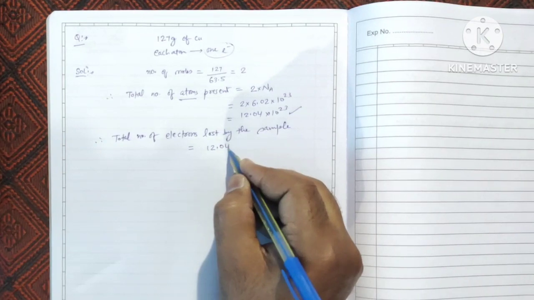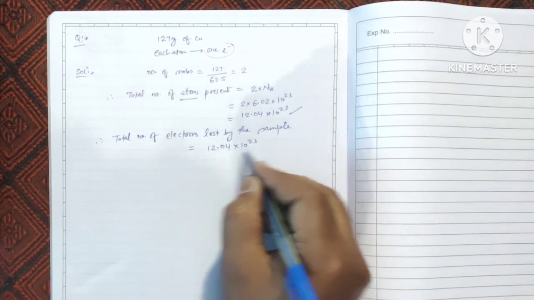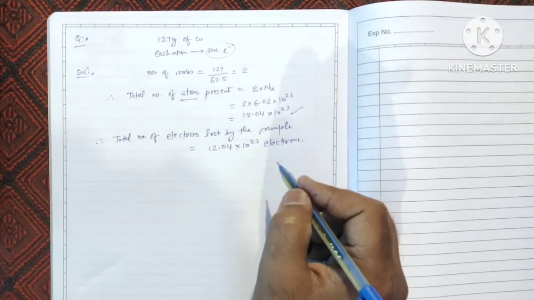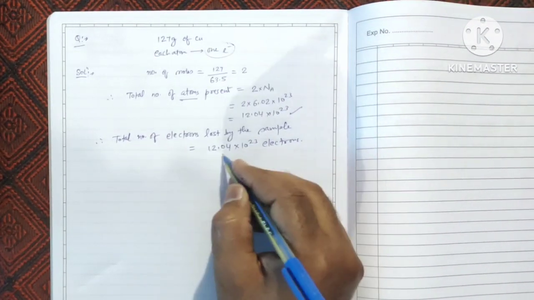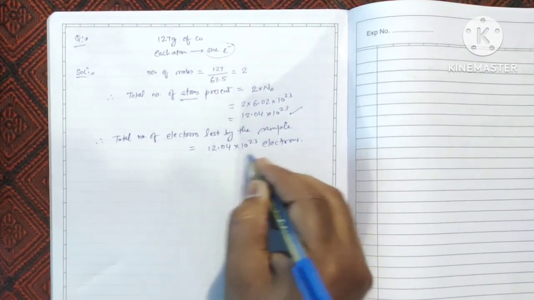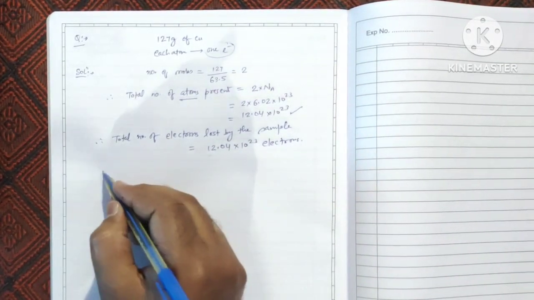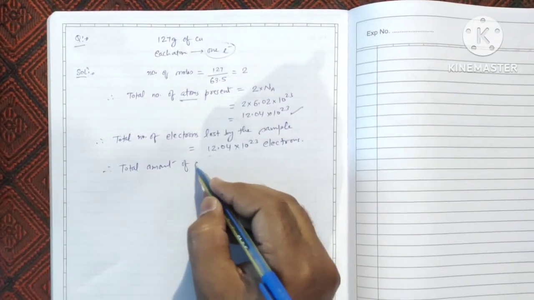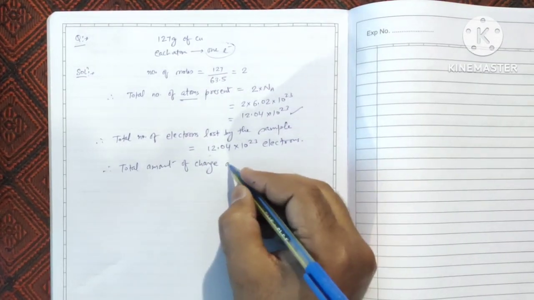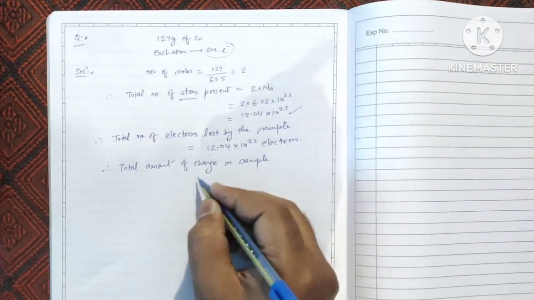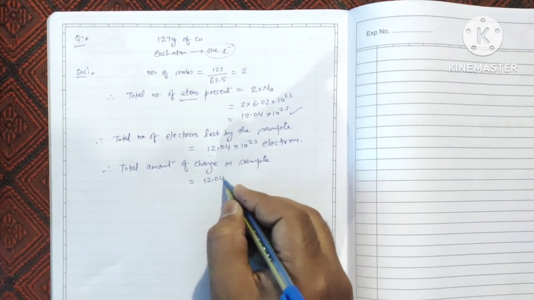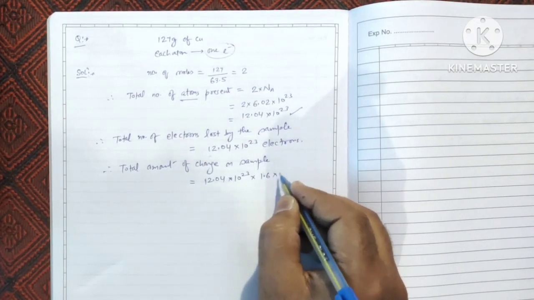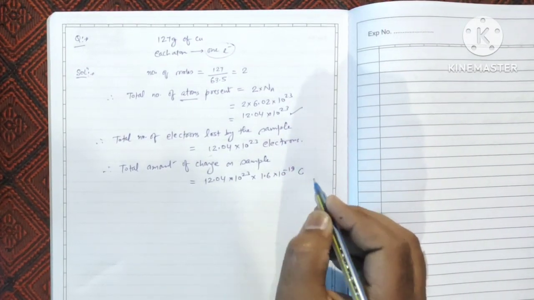Now we know how much charge a single electron carries, so we can easily find out the total charge carried by these number of electrons. Therefore the total amount of charge on the sample can be written as 12.04 into 10 raised power 23 multiplied by 1.6 into 10 raised power minus 19 coulomb.